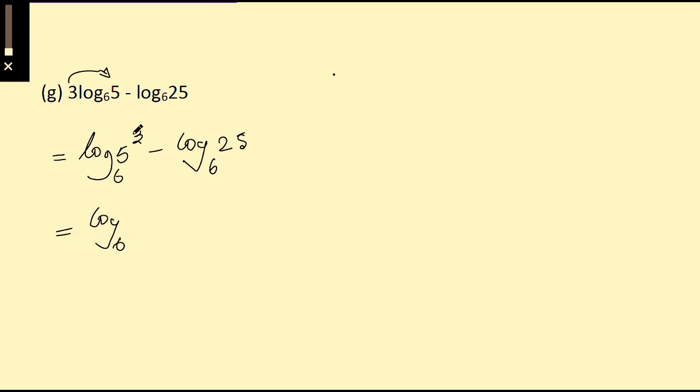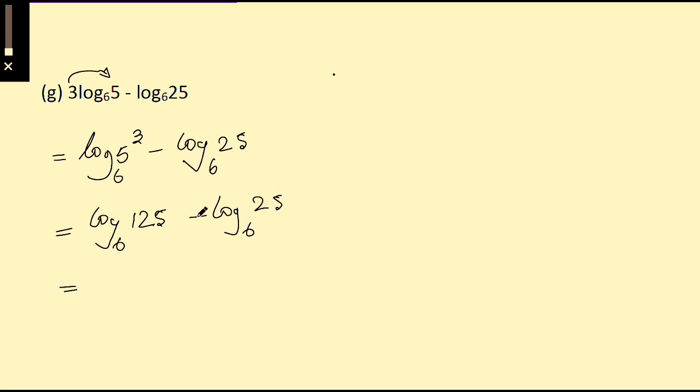In question D, here also we have 3 times log. So first we need to remove this 3 from the log, then it will go to the power of 5, and we also have log 25 to the base of 6. So 5 cubed will be 125, then we have minus log 25 to the base of 6.